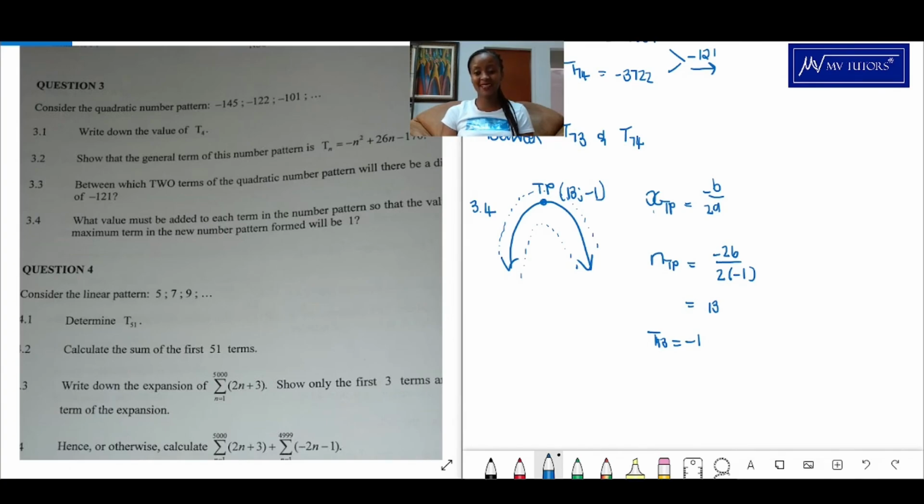So if I want to go from negative 1 to 1, I must add 2. So the value to be added is 2. And that ends it for question 3.